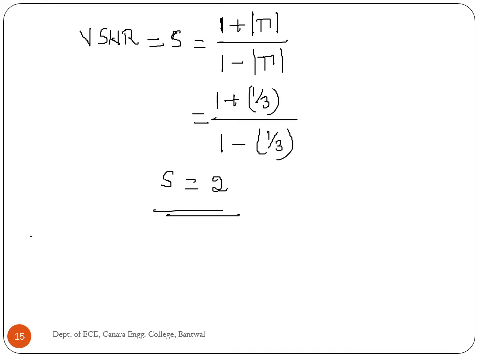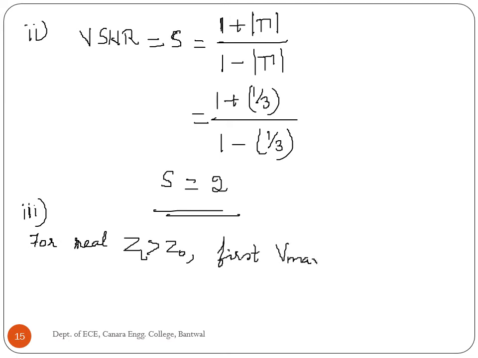For real ZL greater than Z0, first V max is located at the load.